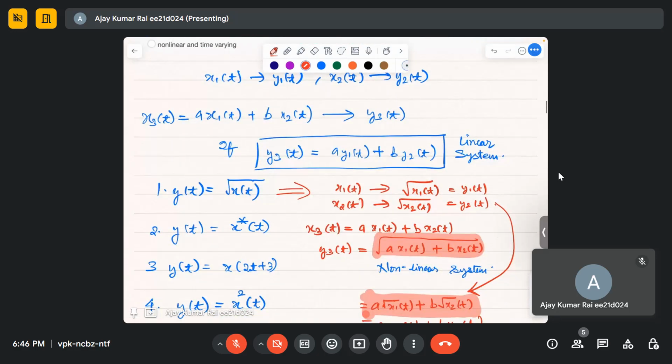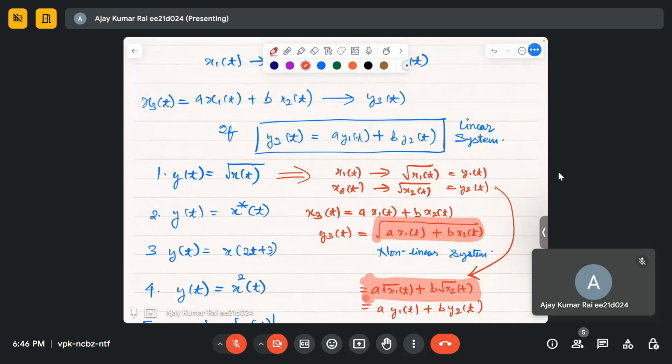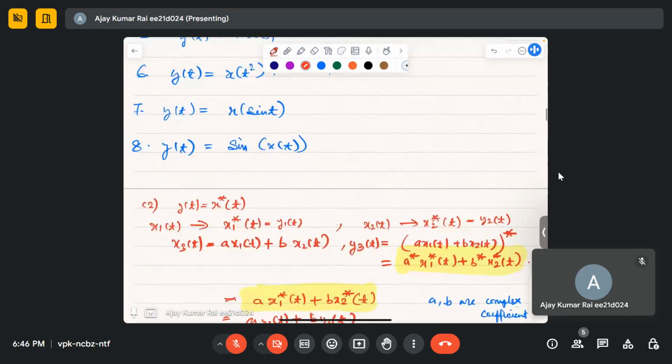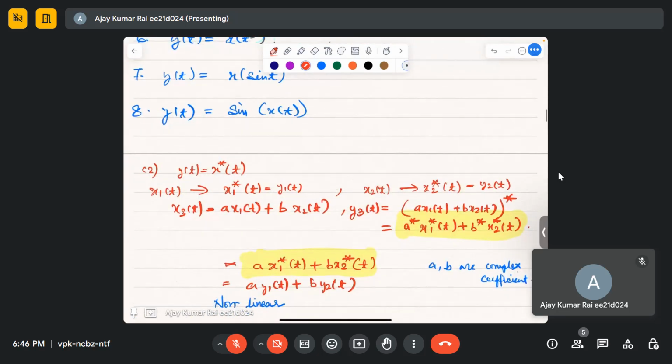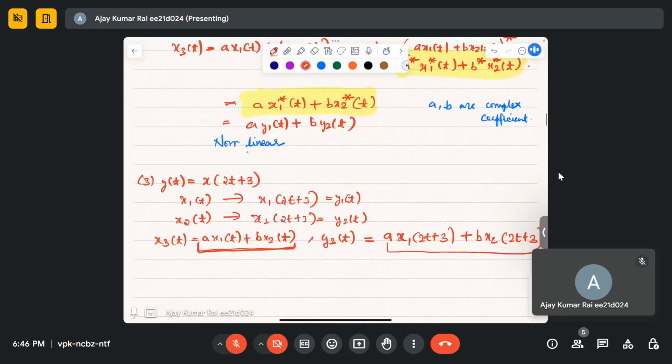The first one was square root of x(t), and in the second one there was conjugate of x(t), and here it is just x(t), but t is just 2t plus 3, right? And we are finding out whether this is linear or non-linear, right?